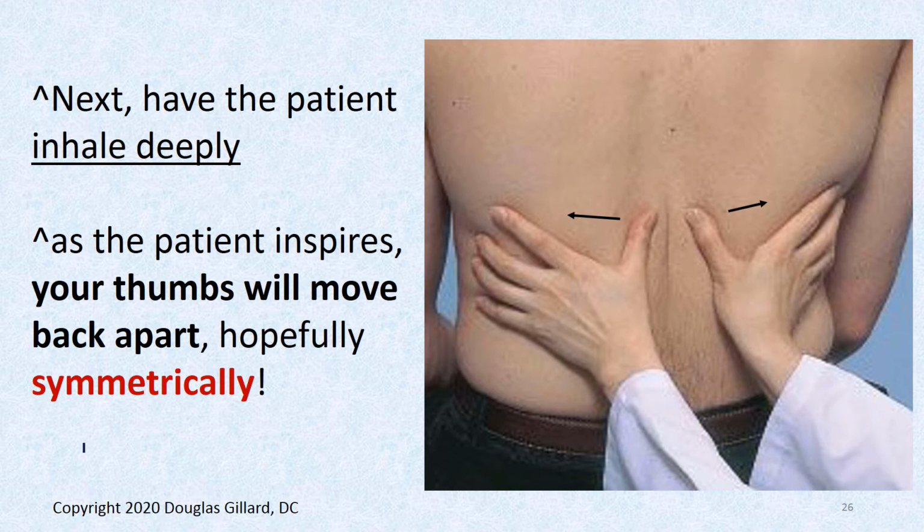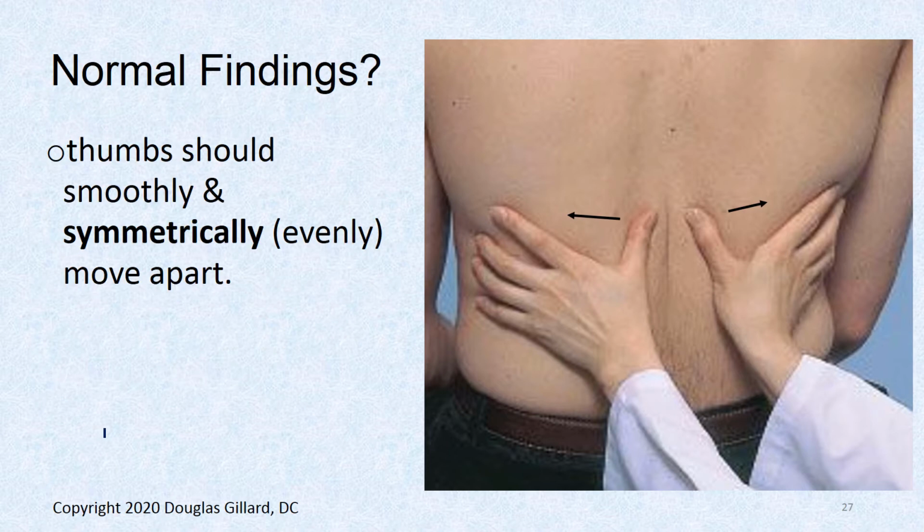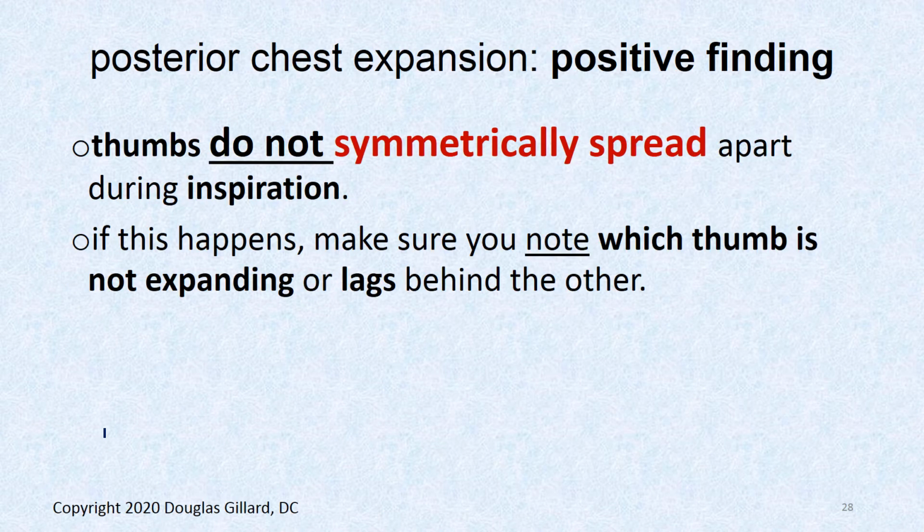So normally the thumb should move symmetrically. There's some interesting findings which have some pretty good clinical significance to them here. What if they don't move apart normally? So that's a positive. They don't move apart normally, and you should note which thumb doesn't move and lags behind the other. Which one's kind of stuck?